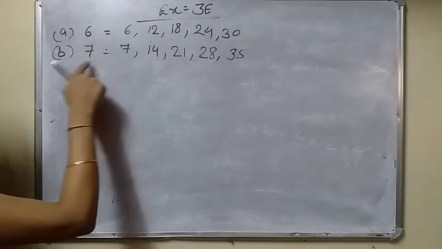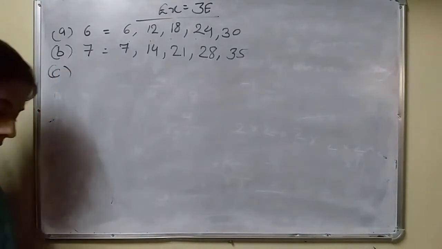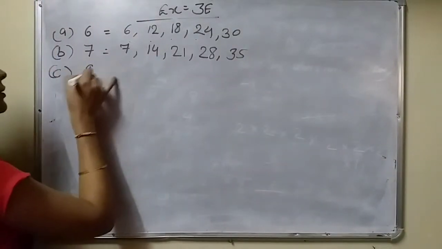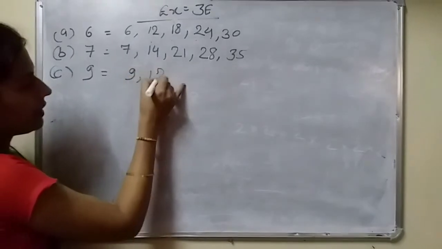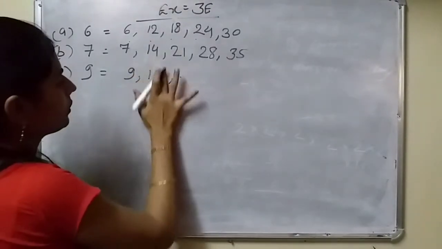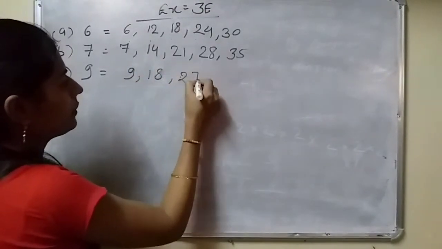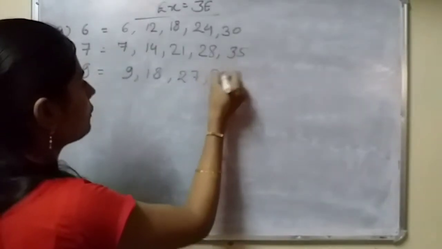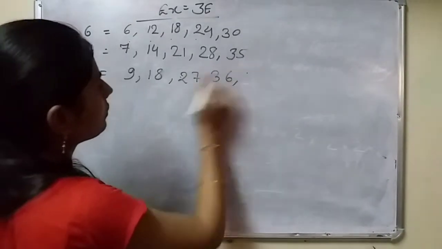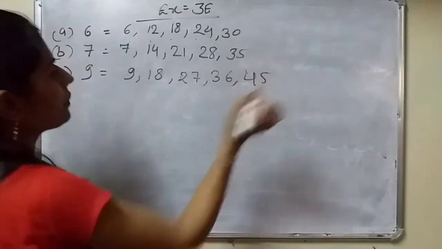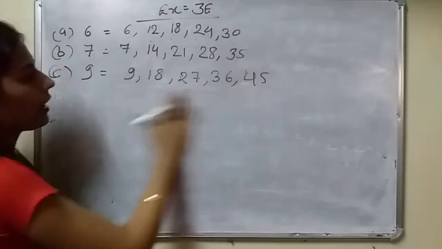These are the multiples of 7. Now see C, 9. 9 1s are 9, 9 2s are 18, 9 3s are 27, 9 4s are 36, 9 5s are 45.